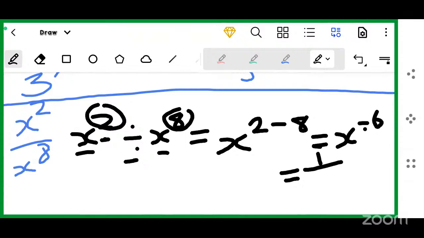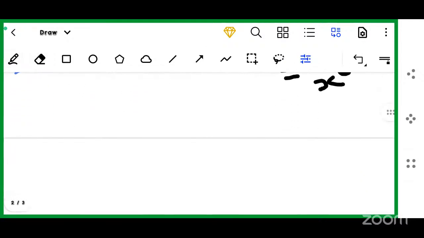Since we treat the negative as divide, it's 1 over x, and our exponent there is 6. So you write 1 over x to the power of 6. Are you clear with this one? Yes, ma'am. Okay, let me give you one so that I can be totally sure.